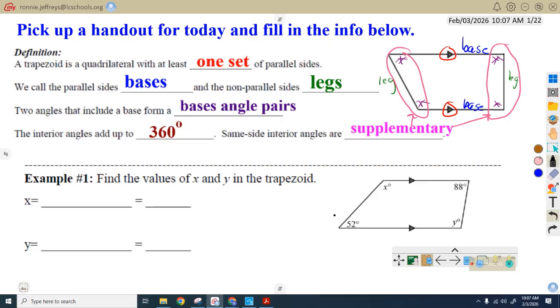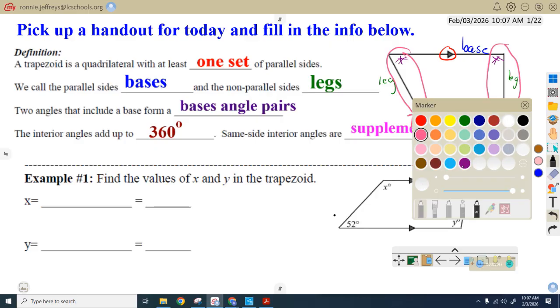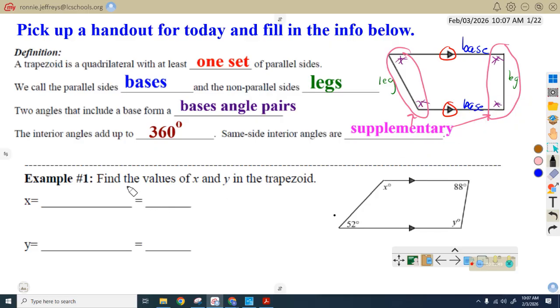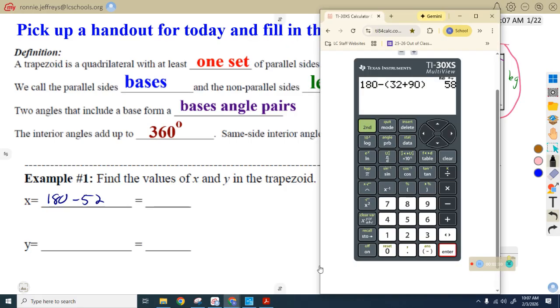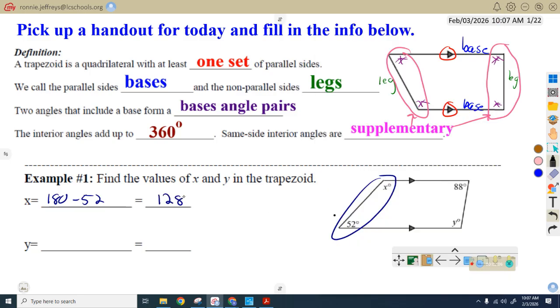Okay, so if we look at example 1, how to find x and y. Well, x is over here. It's on the same side, so we can do 180 minus 52. Well, this is 128 degrees.